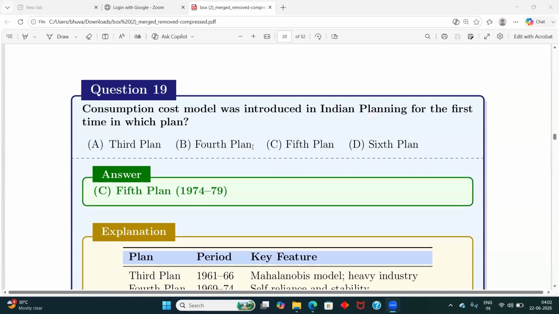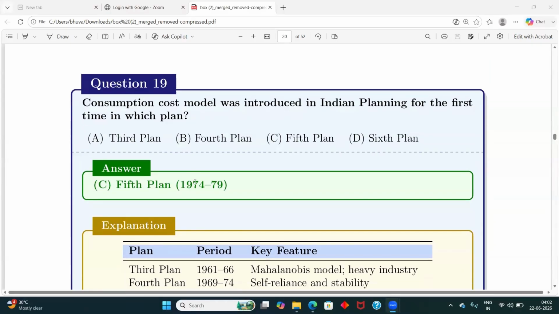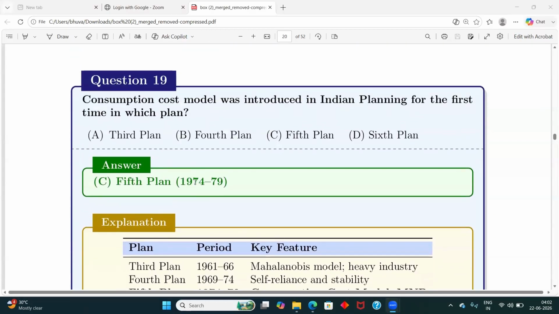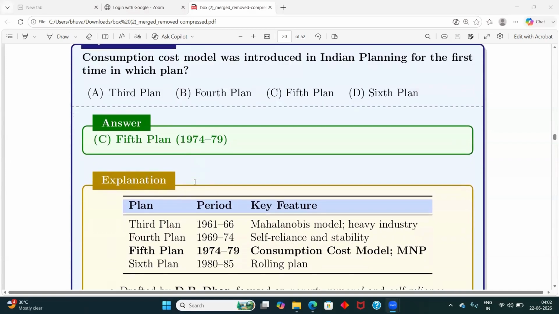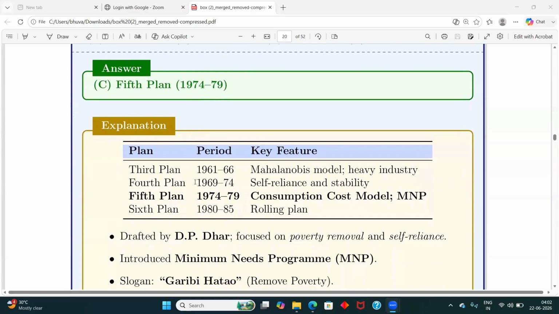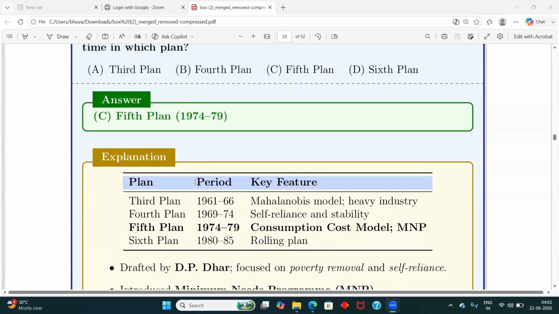Consumption cost model was introduced in Indian planning for the first time in which plan? Option A, third five-year plan, fourth plan, fifth plan, and sixth plan. This was introduced in the fifth plan, 1974 to 79. Let's understand some explanation of these plans.